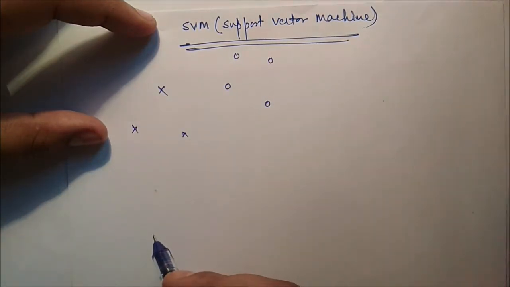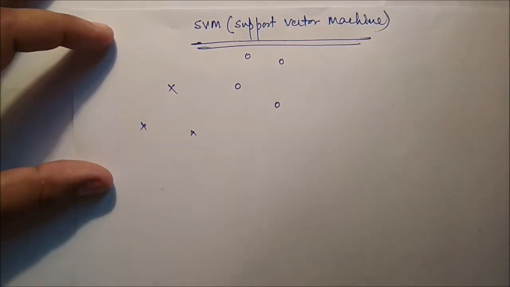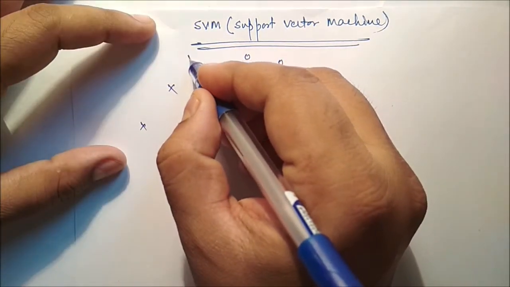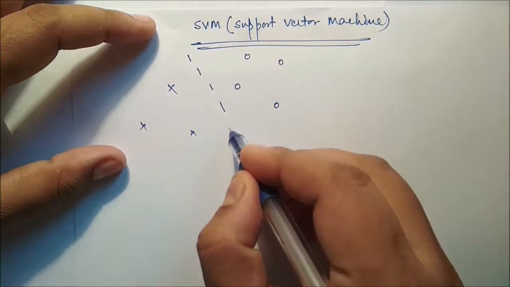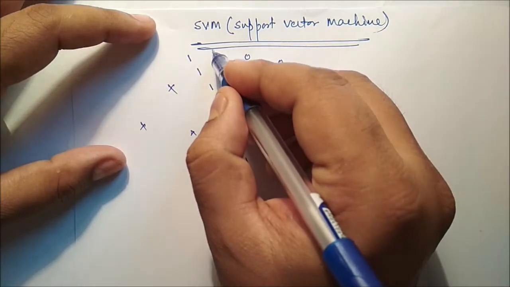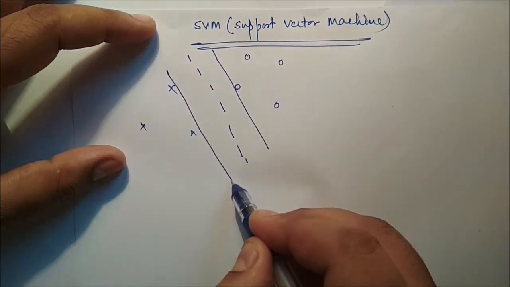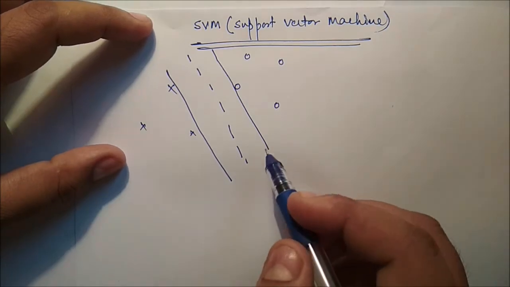We can find a hyperplane such that all the crosses reside on one side of the hyperplane and all the circles reside on the other side. Say we can draw one hyperplane.